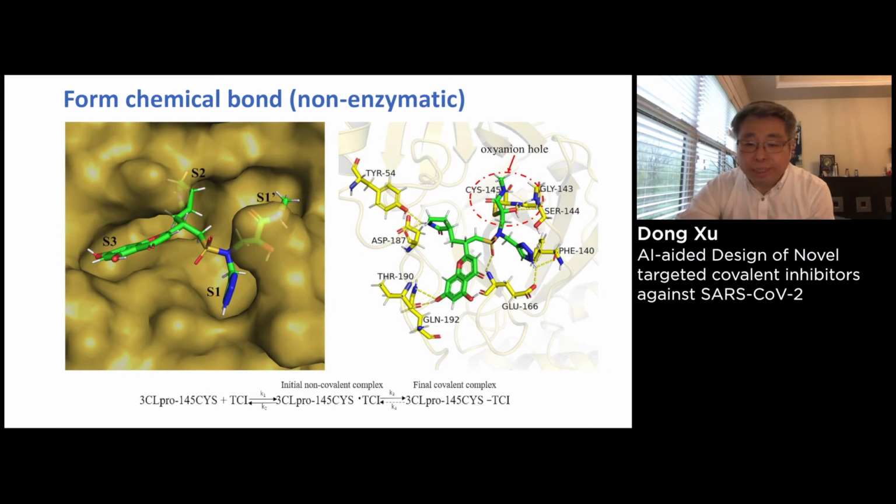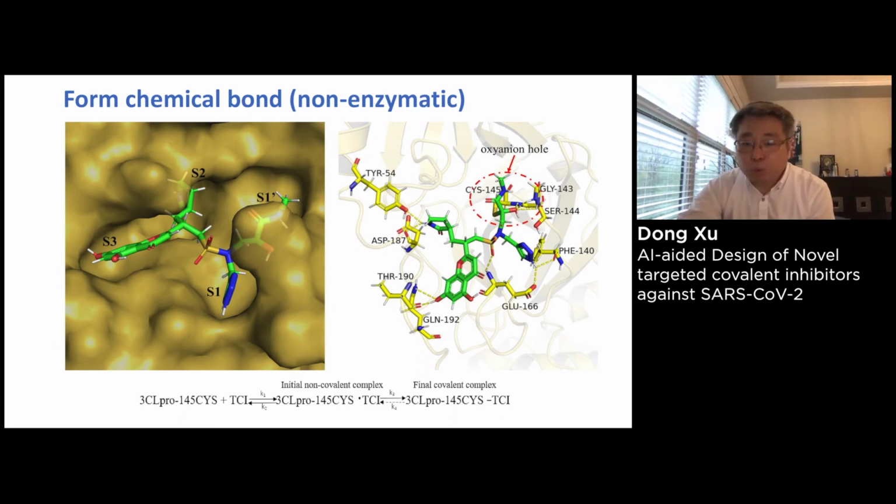So we use this chemical reaction shown here to make sure that our chemical group can align to that cysteine 145 properly, so that there is a good chance to form a strong chemical bond. And this reaction doesn't require an enzyme, so it's a non-enzymatic reaction. By having a bond interaction, it will attach to the M protein very strongly and more likely inhibit the function of M protein.